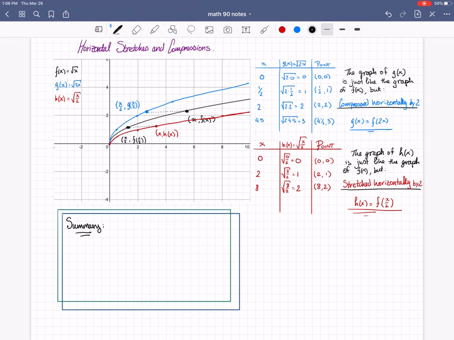So in my big, beautiful summary box that I have sort of at the bottom of the page, I'm going to write: replacing x with c times x results in a horizontal stretch or compression, depending on the value of c.